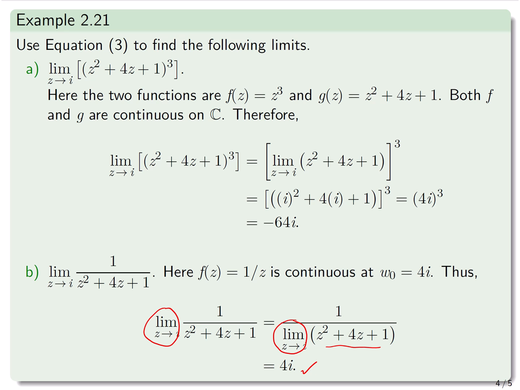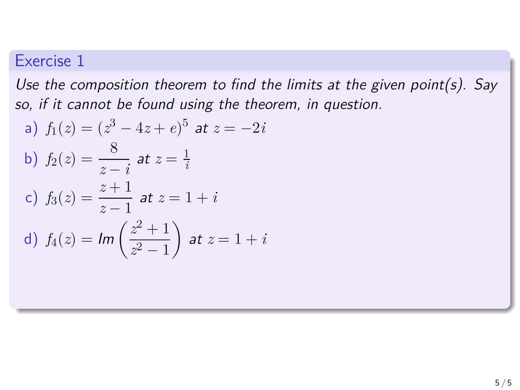Now you can try these problems as practice problems. There are several types of problems here, and if you cannot find the limit, you can say so, like the limit doesn't exist under this theorem. There's a polynomial, a reciprocal function, another reciprocal function, and also an imaginary part formula with another function in there.